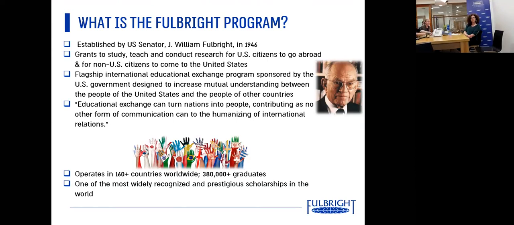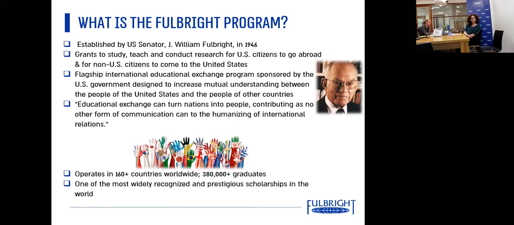Today it is the flagship international educational exchange program sponsored by the US government, and its main goal is to increase the mutual understanding between the people of the United States and the people of other countries. This was the vision and motivation behind Fulbright when he made the program.